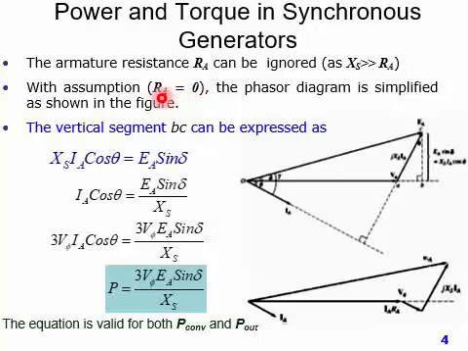If we are not considering Ra, then after the power is converted into electrical power there would not be any losses, so the output power would also be the same.